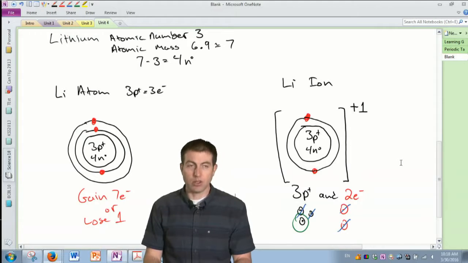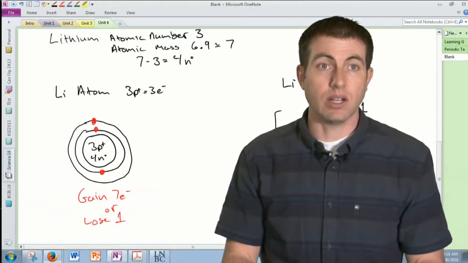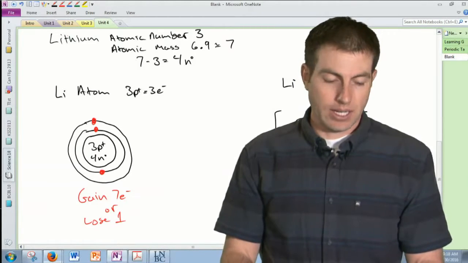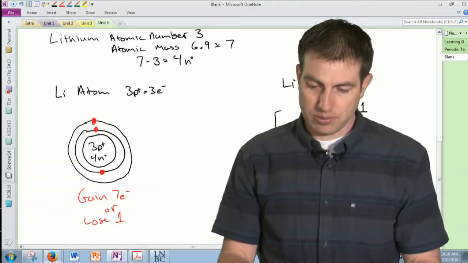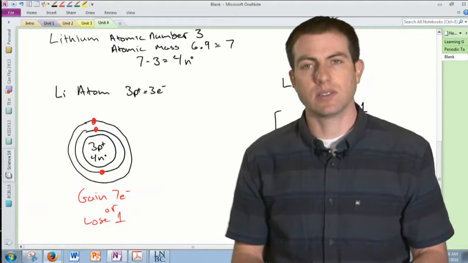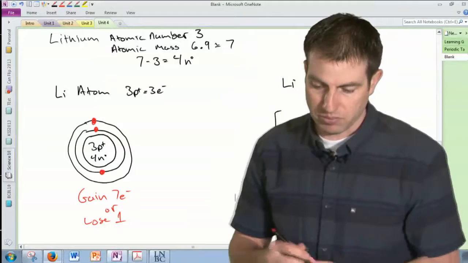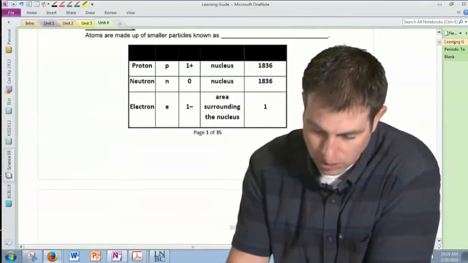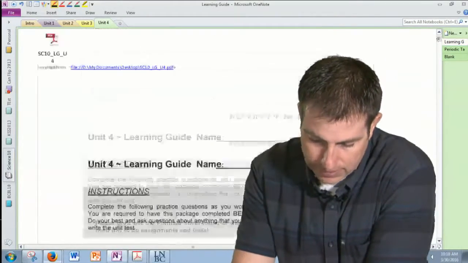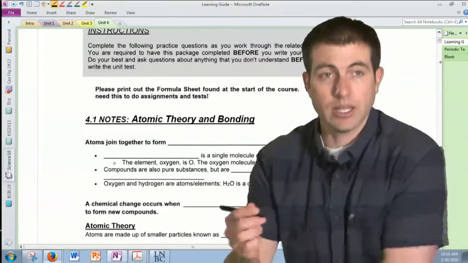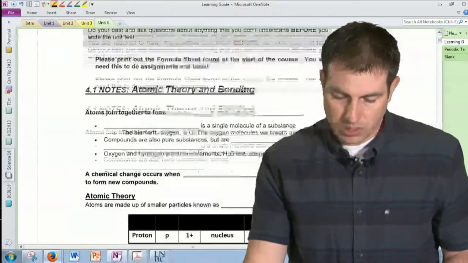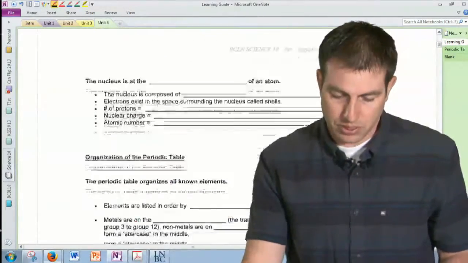So for now, we're going to leave it like that. I'm going to jump into the learning guide and show you what I'd like you guys to do for next day's work. Just some stuff to get your Bohr models on, and remember doing some of these things if you've remembered them from last year. So the learning guide looks like this. We've done some of these notes. We've done some of the atomic theory bonding stuff. We did the nucleus.